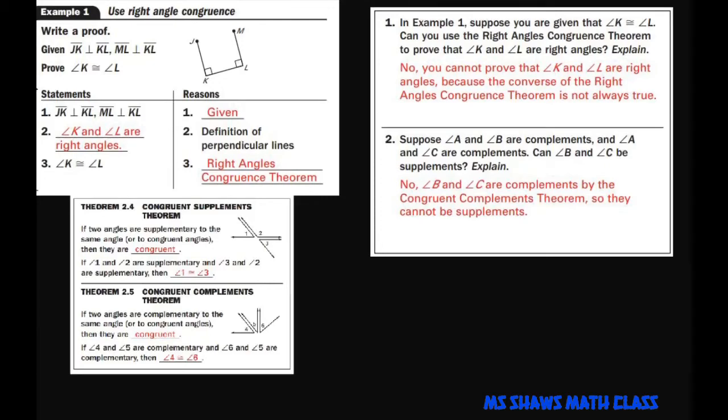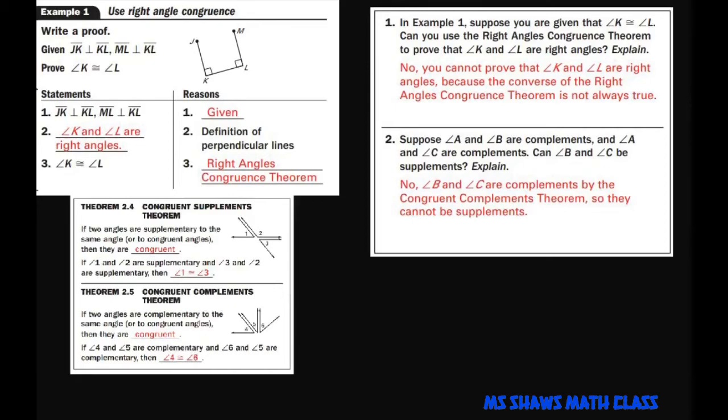No, you can't, because the converse of the right angles congruence theorem is not always true. That's what I said in the first slide, that just because they are congruent doesn't mean they are right angles.